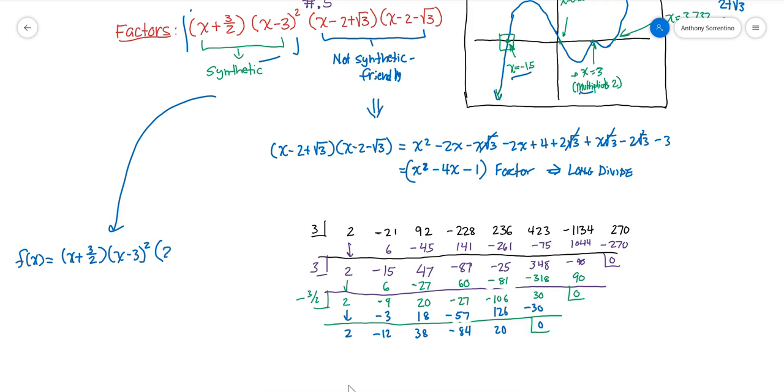So I'm going to have 2x to the 5th. Maybe it's 4th. Let's see, yeah, it's 2x to the 4th minus 12x cubed plus 38x squared minus 84x plus 20.